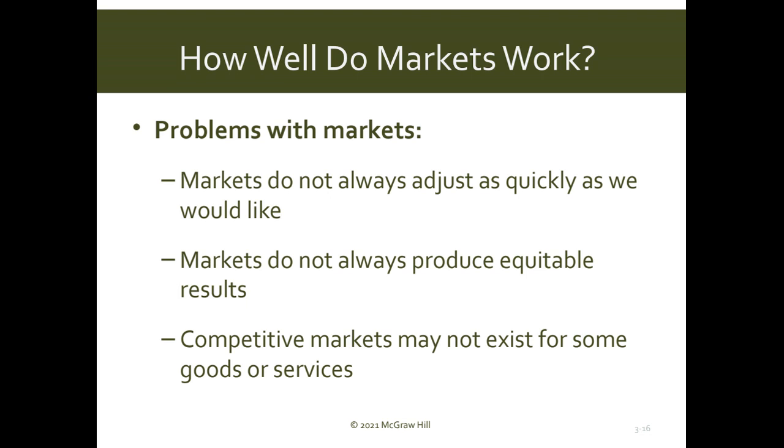So the equilibrium price that is determined by the intersection of demand and supply is not applicable in all types of products. For example, public utilities. Let's say the product is electricity.